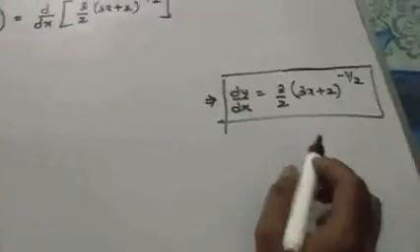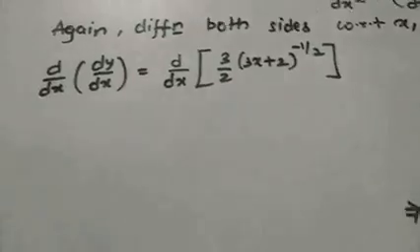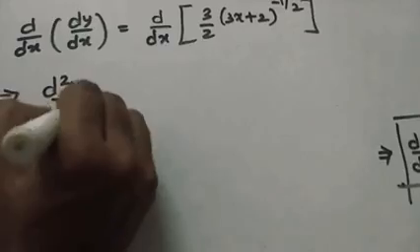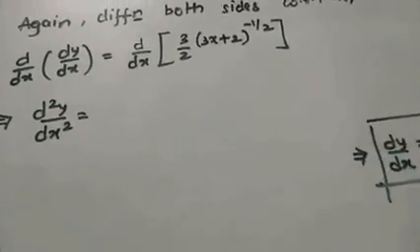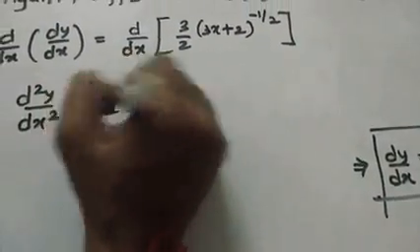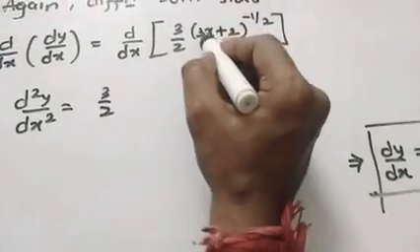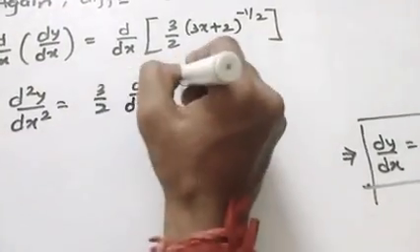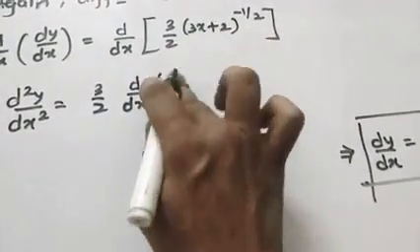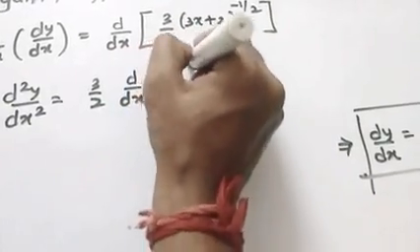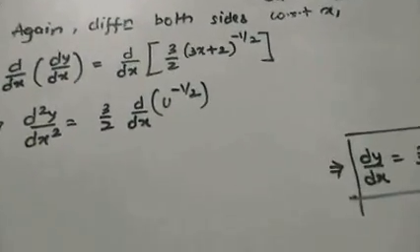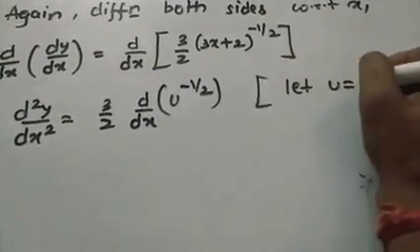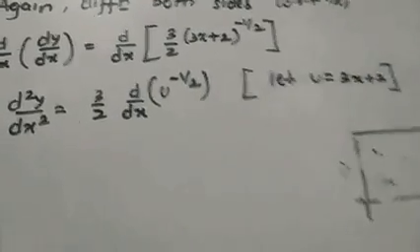This was the expression. Now this side d dx of dy by dx means d2y by dx2. 3 by 2 is a constant part, let us take 3 by 2 out of the derivative. Now again, for simplicity, let us take 3x plus 2 as u. So we got u to the power minus half. In bracket you can write, let u equal 3x plus 2.